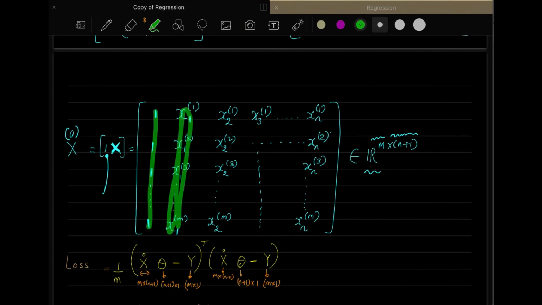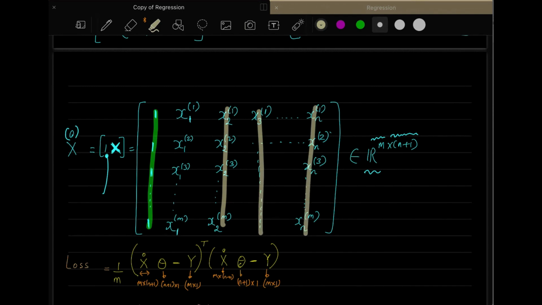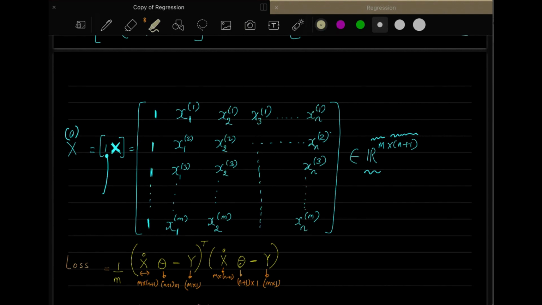But now, because of the multiple variables, we have all these extra terms along with that, because you have multiple features for this problem setting. So now your dimension is increased and it becomes m cross n plus 1. Earlier it was m cross 1, m cross 2. Any doubts here in terms of the conventions that we are using?